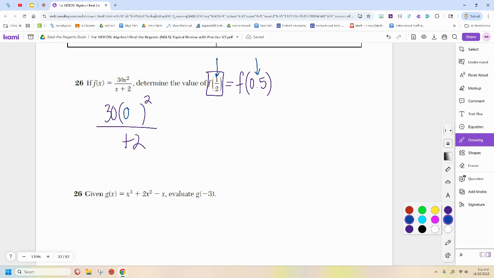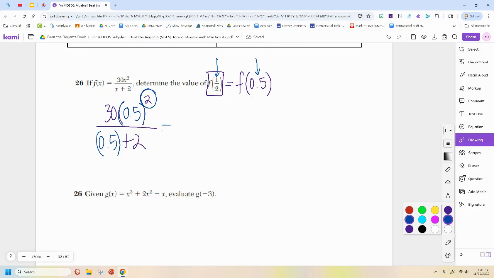So I'm going to put 0.5 here, and then x plus 2, 0.5 there. I don't need the parentheses around it in the denominator, but I certainly could if I wanted to be consistent. Parentheses are super important when we're up here using exponents, because if the x value is negative, we need to make sure the negative is in the parentheses and the exponent or power is outside the parentheses.